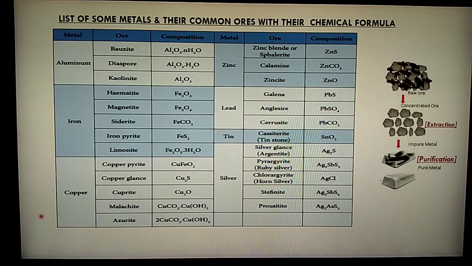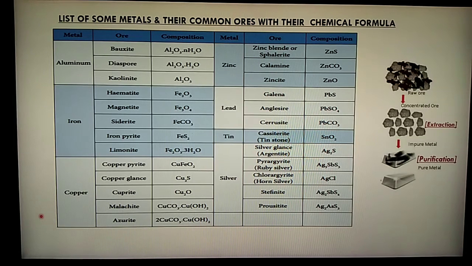Already we know that in our periodic table, the 16th group elements are called chalcogens, I mean oxygen, sulfur. Such elements are the ore forming elements.